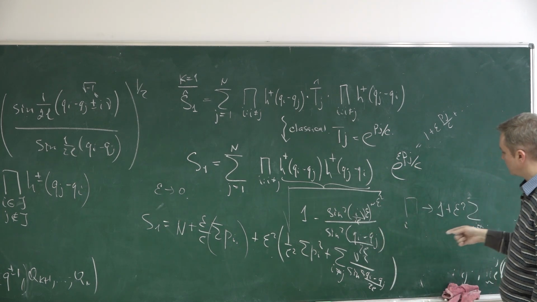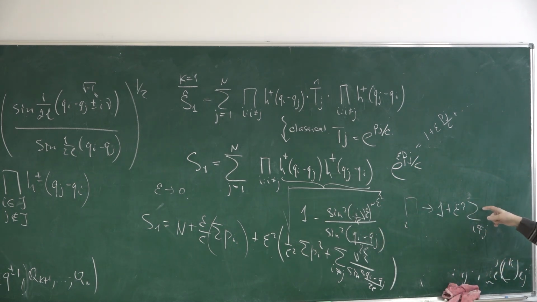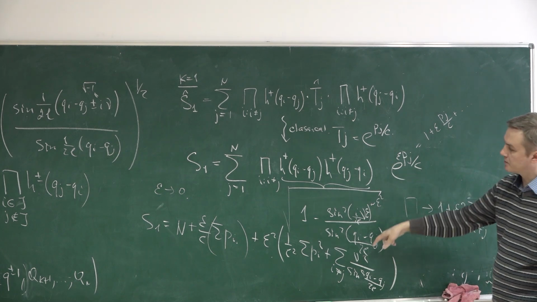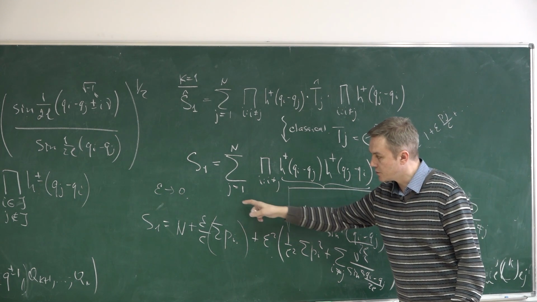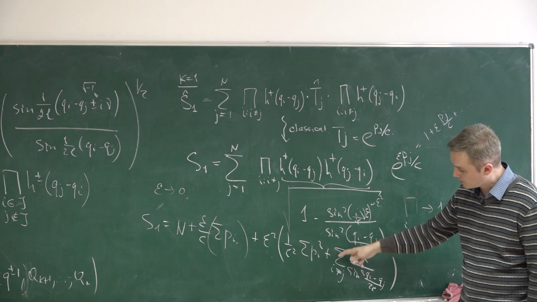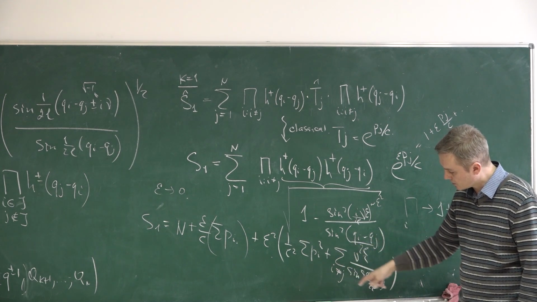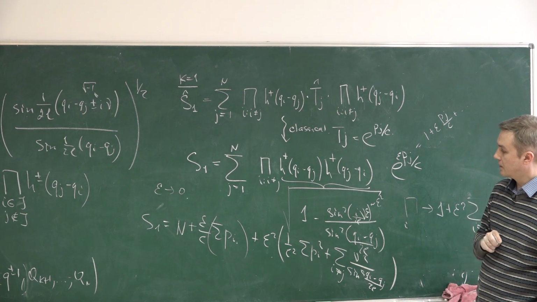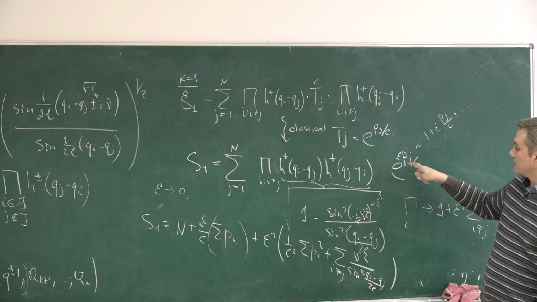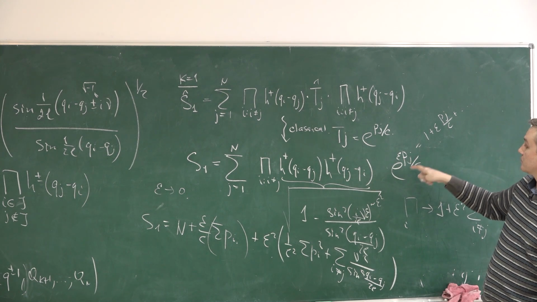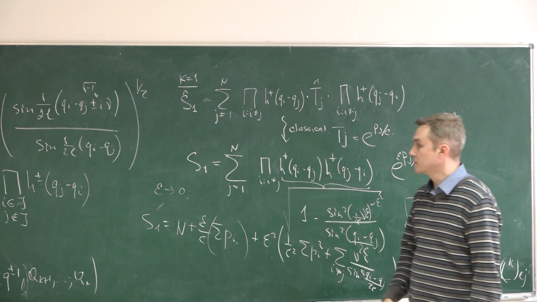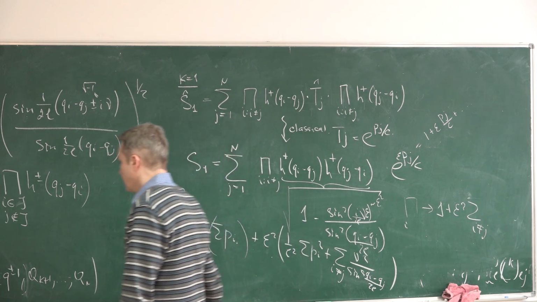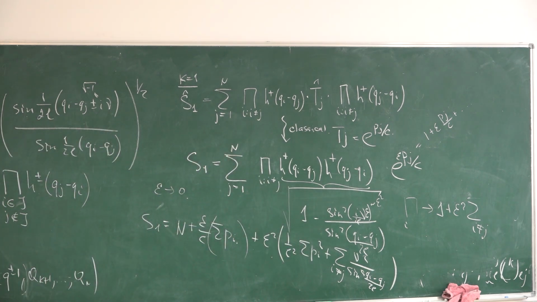They give you a sum over i of these inverse signs, and you also have a sum over j, so you have a sum over two indices for the inverse sine squared. And the sum of squared momenta comes from this exponent as well. So this is a generalization, in fact, of the Calogero-Moser system.